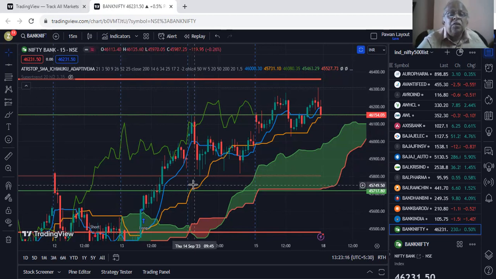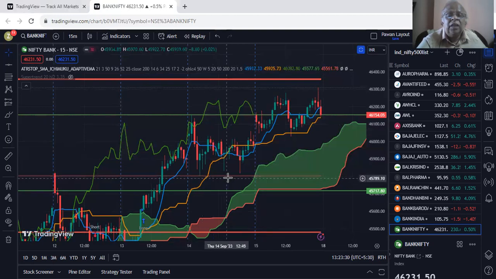But you are observing here that there is a pivot. So the stock has touched the pivot and accumulated here for the day.